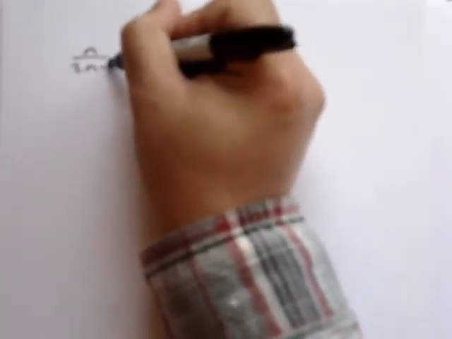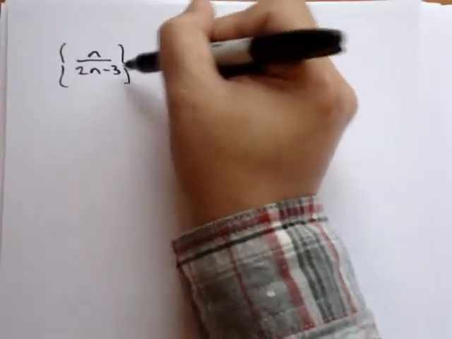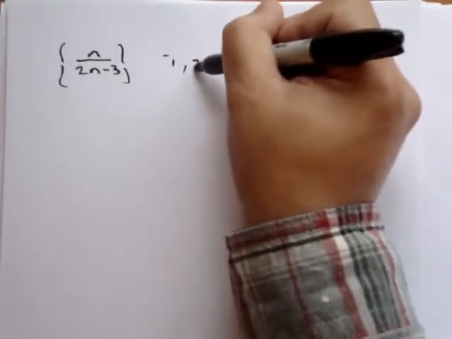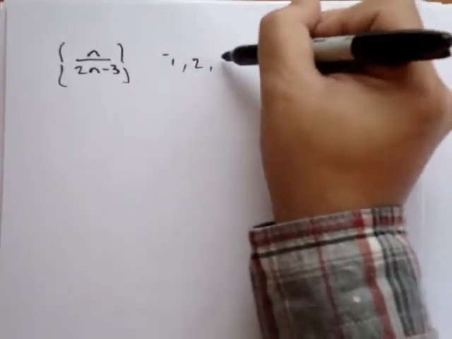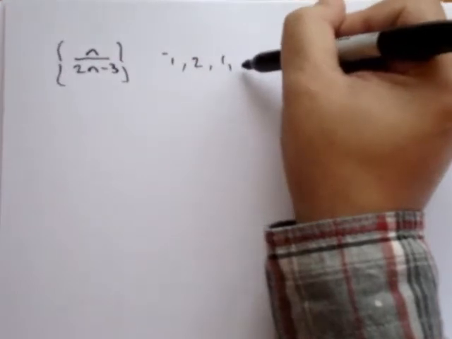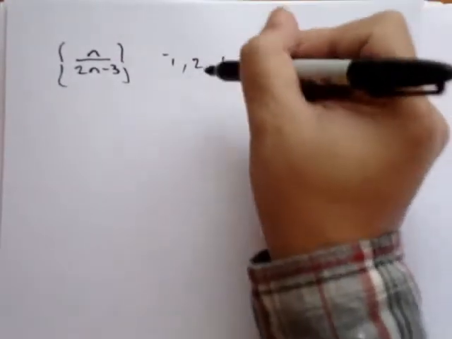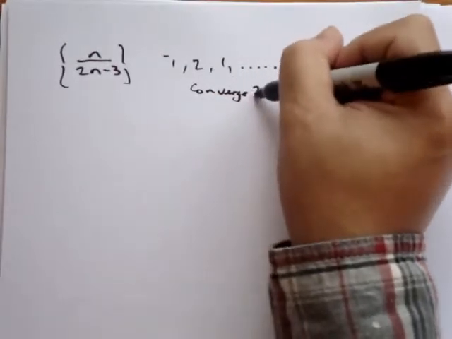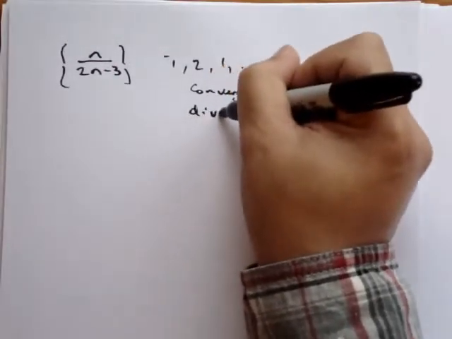Sequence n over 2n minus 3. So this would be minus 1, 2, 1, and so on. So we want to know, does it converge or does it diverge?